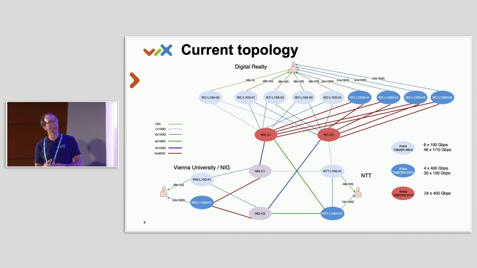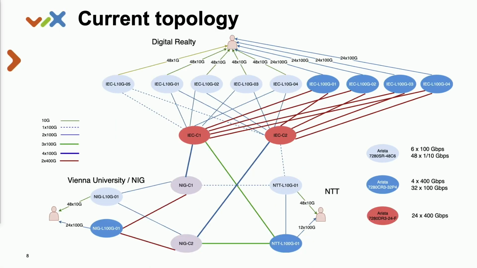So this is the current topology we have. You see here the upper part is the biggest site at Digital Realty. The bottom left one is at Vienna University, and the right one is the currently smallest one at NTT. And here I can tell you what we have done in order to upgrade it.